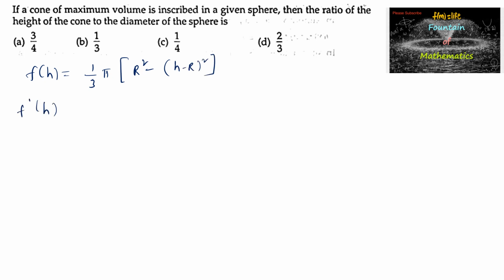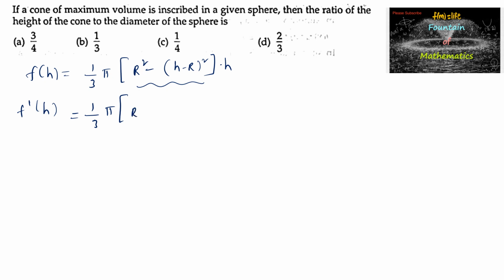Then f dash of H is equal to 1 by 3 into pi into H. So let us apply the UV rule.